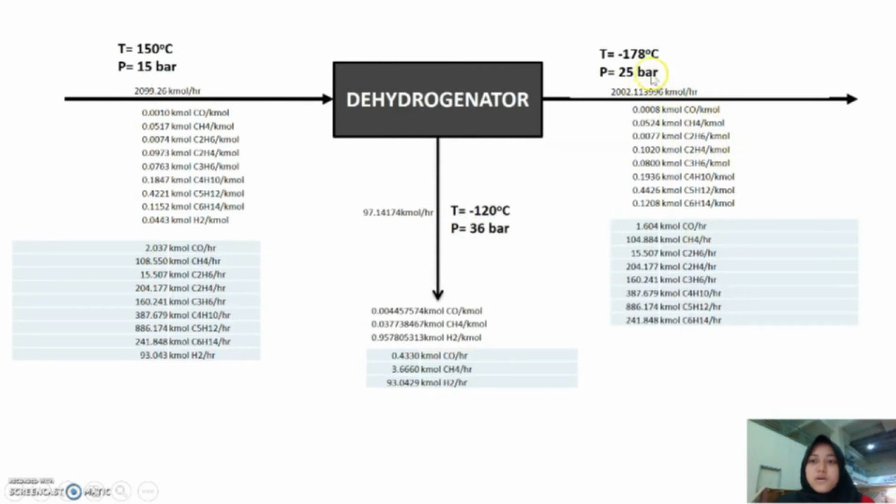At this stream we have a temperature of negative 178 degrees Celsius and pressure 25 bar. It still has CO and CH4 here because we only remove 100% H2 here, and the molar flow rate is 2002.113996 kmol per hour.